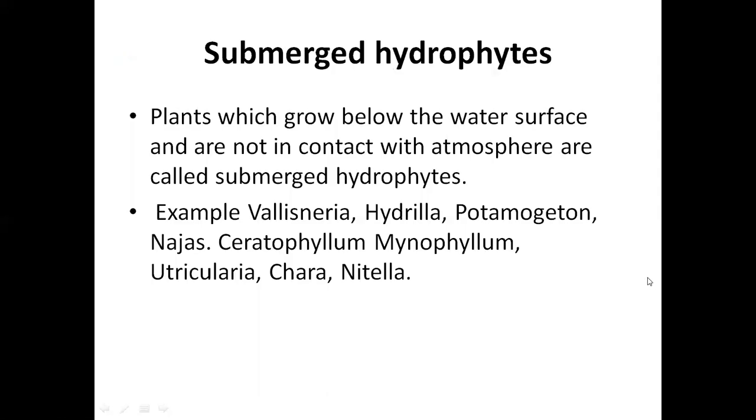So now another category of hydrophytes is submerged hydrophytes. Plants which grow below the water surface and are not in contact with the atmosphere are called submerged hydrophytes. So these are totally submerged within the water.